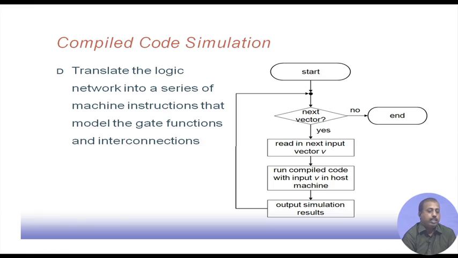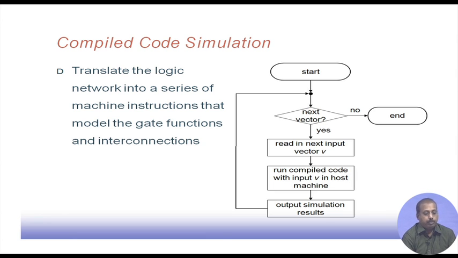Now, the way compiled code simulation works is that it takes the next vector. If the next vector exists, it reads the next input vector from the file, where the test vectors may be stored. It takes the next test vector v from the file and runs the compiled code with the input v on the host machine.